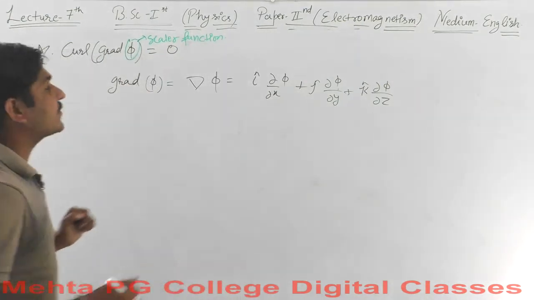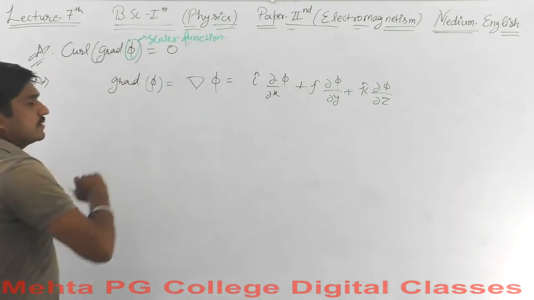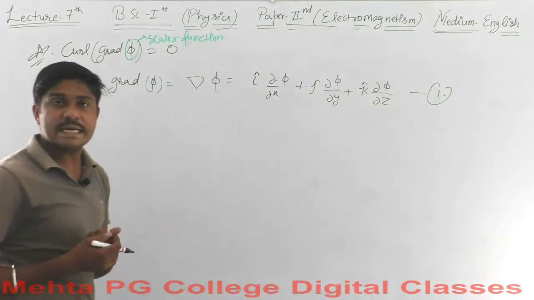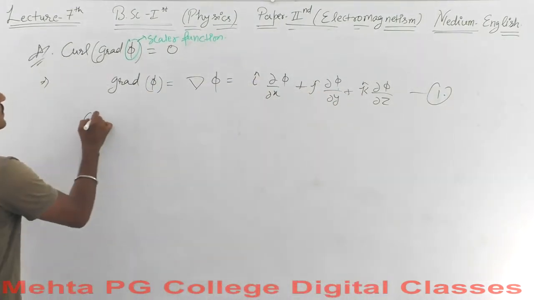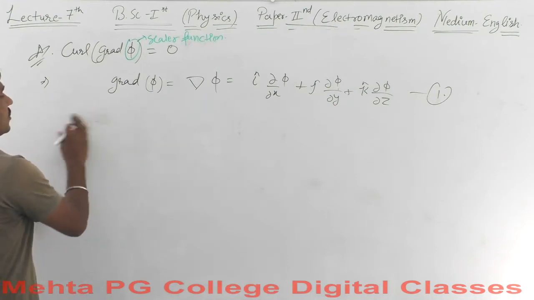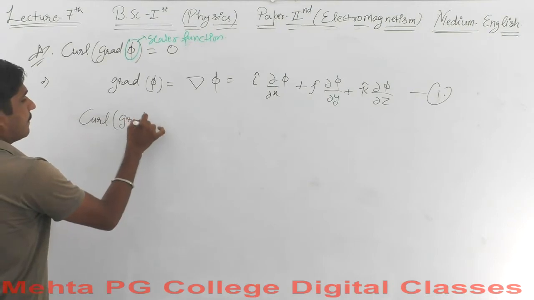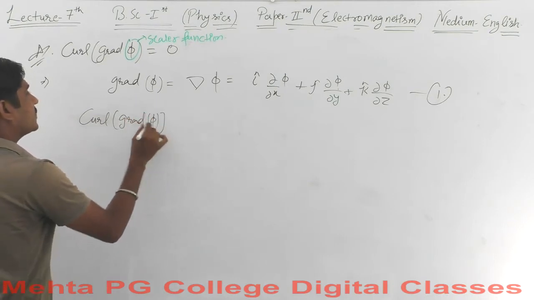Okay, we have this. Let's say this is equation 1. We have found the gradient, so let's find the curl of the gradient of the function phi.